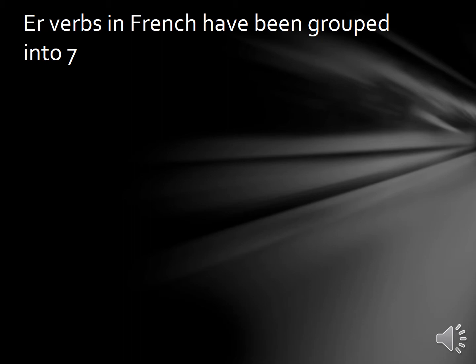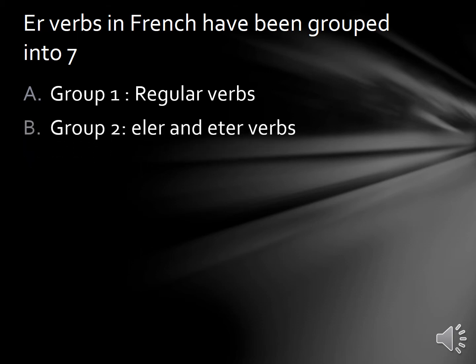But first of all, let's learn this. ER verbs is just one group, but that group has been grouped into 7. I would say the verbs rather have been grouped into 7. Means in the ER verbs we have 7 groups. Group 1, the regular verbs. Group 2, EL, ER, and ET, ER verbs.